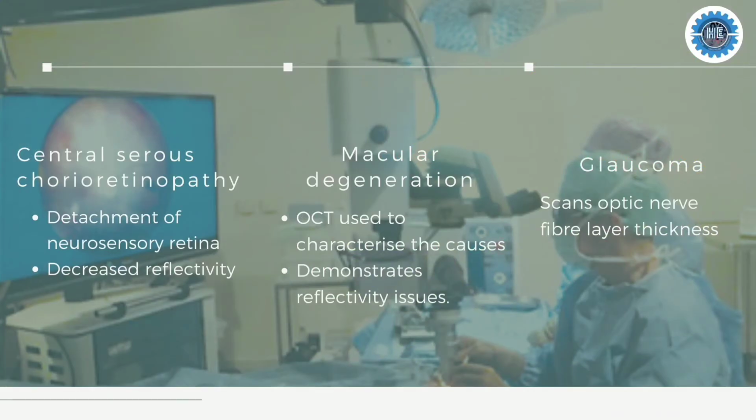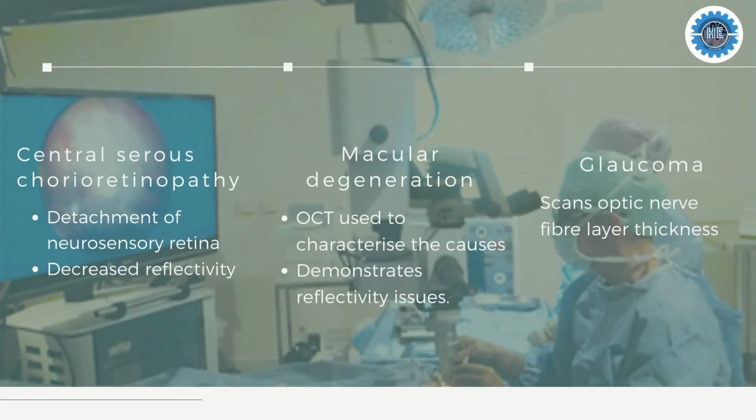Central serous chorioretinopathy. This is characterized by detachments of the neurosensory retina and retinal pigment epithelium secondary to leakage at the level of the retinal pigment epithelium.